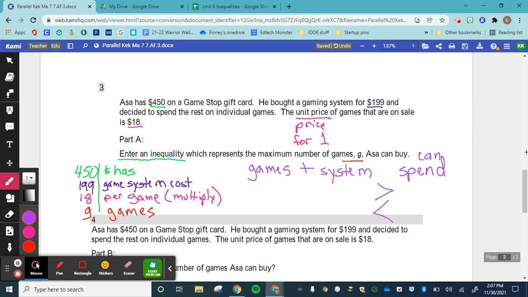He cannot spend more than his GameStop gift card is. So I know that it has to be less than, but he is allowed to spend exactly $450 if he wants to. So that could be less than or equal to.